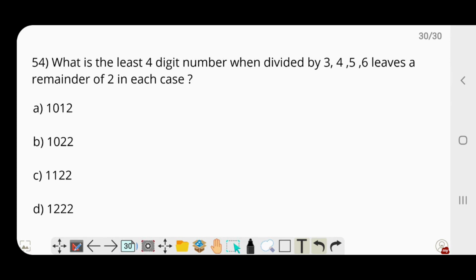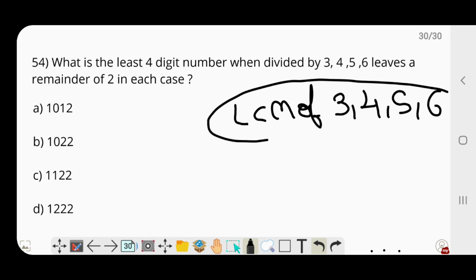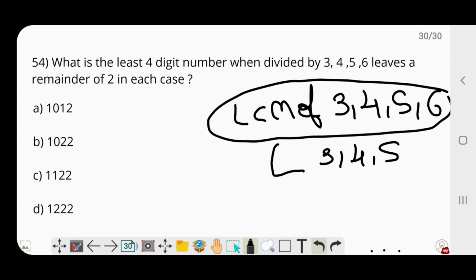In the 54th question, they ask us, what is the least 4-digit number which when divided by 3, 4, 5, 6 leaves a remainder of 2 in each case? So what this means is that the number is related to the LCM of 3, 4, 5, 6, because an LCM of 3, 4, 5, 6 is divisible by 3, 4, 5, 6.